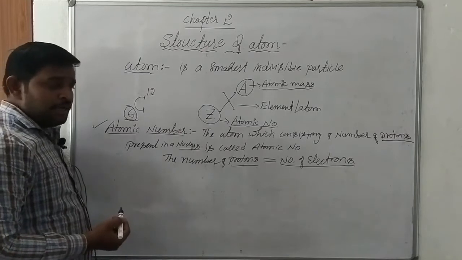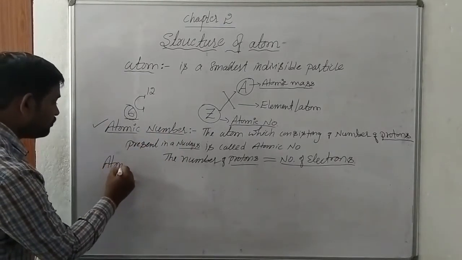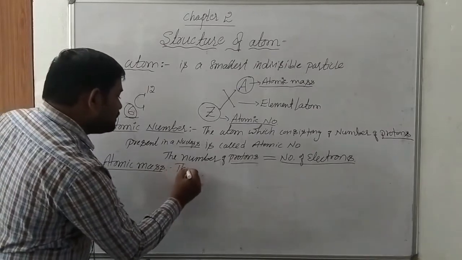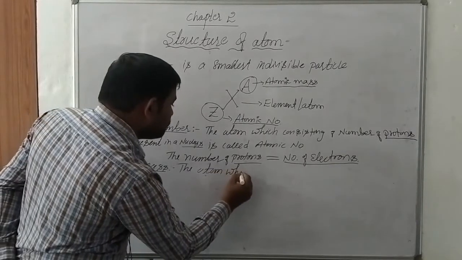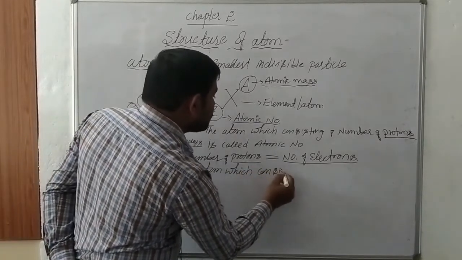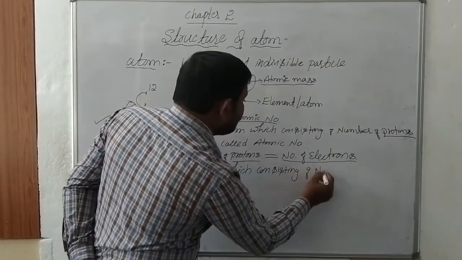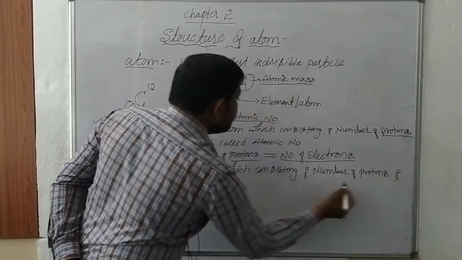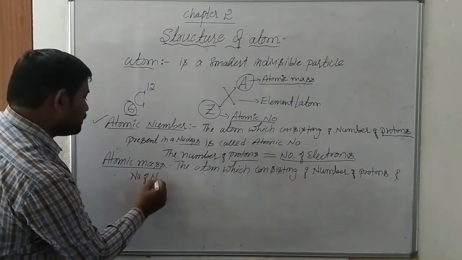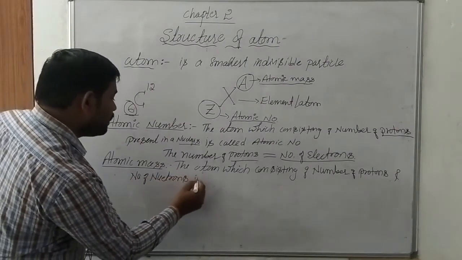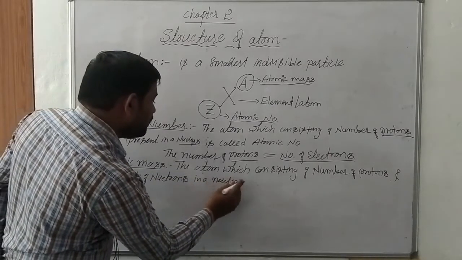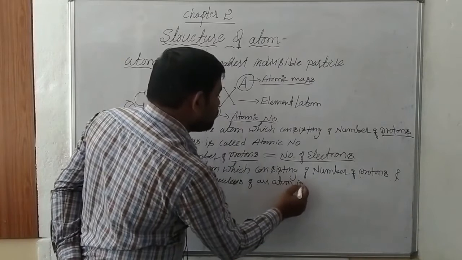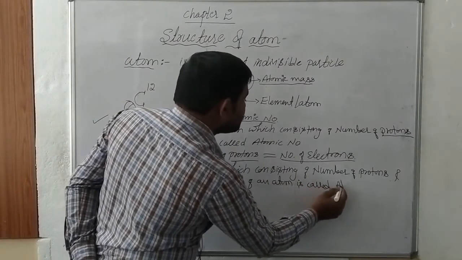Now, atomic mass: the atom consisting of the number of protons and number of neutrons in the nucleus of an atom is called atomic mass.